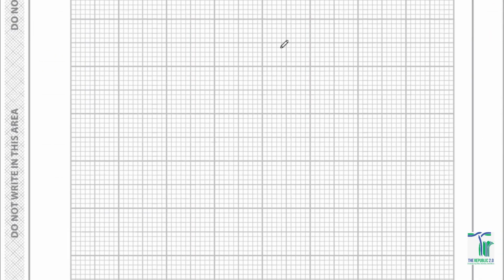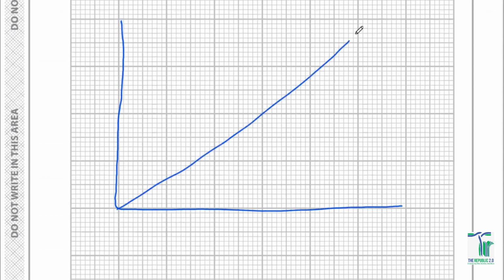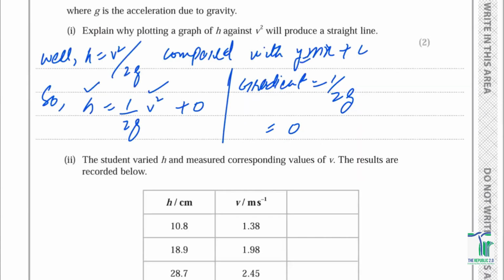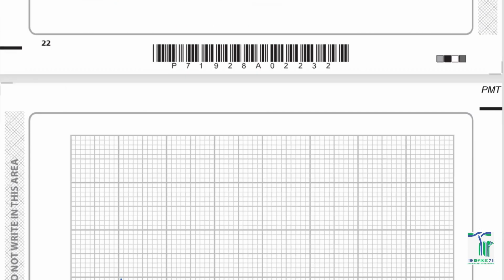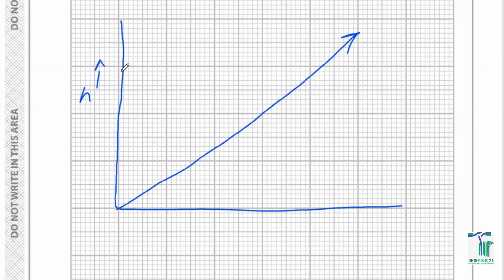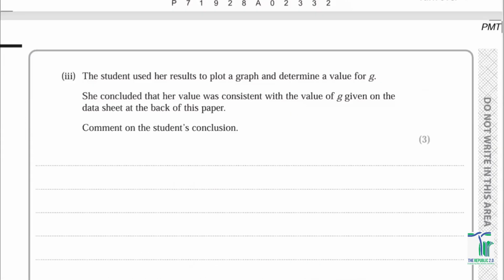I'm not plotting a graph, I'm just drawing a rough sketch. So it must be a line like this, with h on the y-axis and v square on the x-axis. That is how we're going to plot this graph.